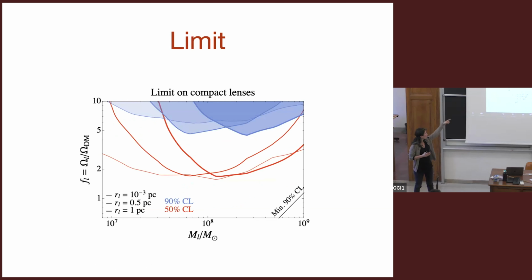But what I'm showing, the fractional abundance here, is with respect to the total dark matter density in the Milky Way halo. Oh, I see. Okay, I think so. Yeah, you have more dark matter in that direction. That's what I'm saying. But yeah, in the location of the lens, you have a very large overdensity, of course.